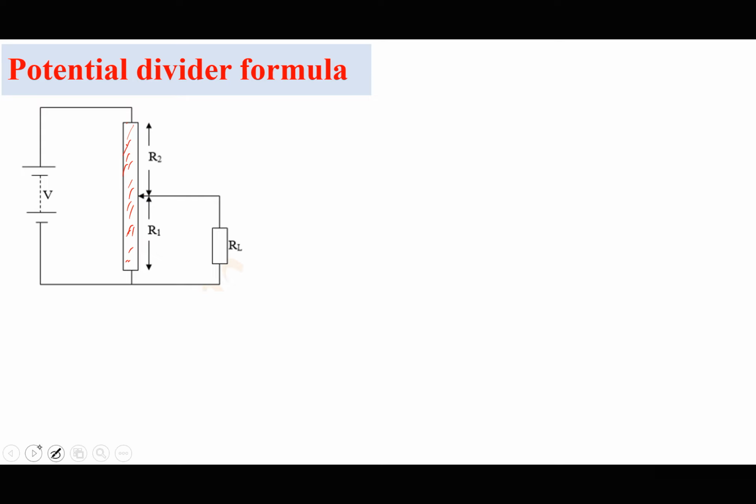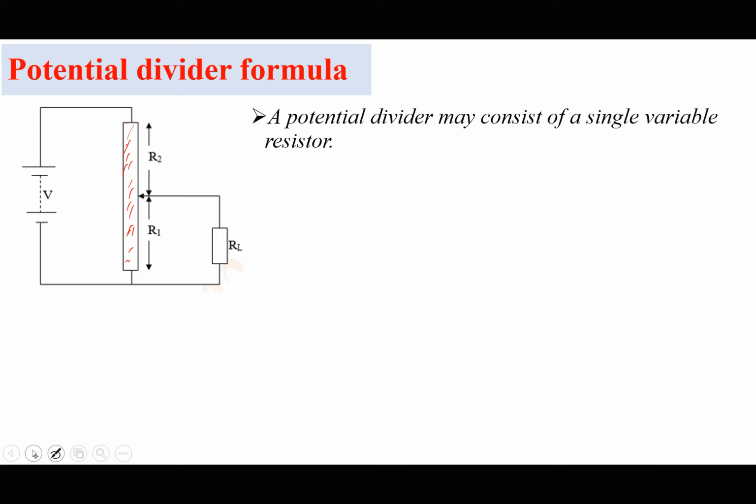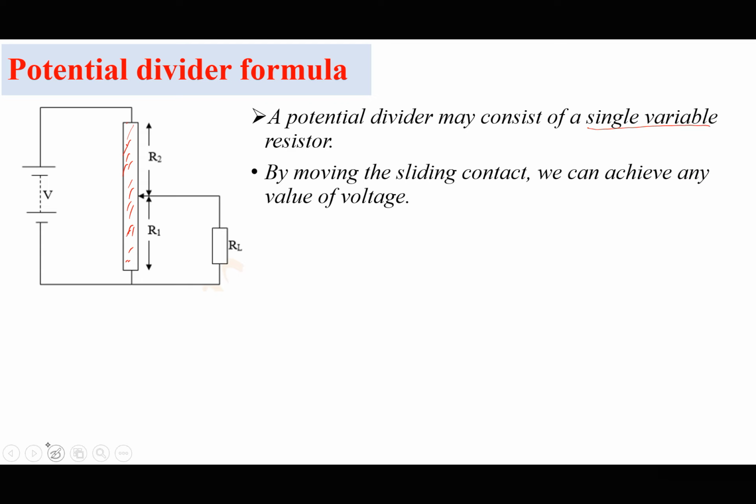So a potential divider may consist of a single variable resistor, and by moving the sliding contact, we can achieve any value of voltage.